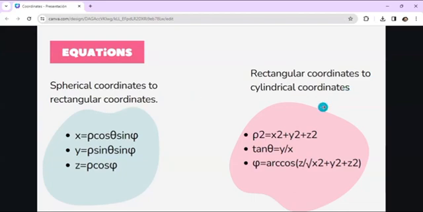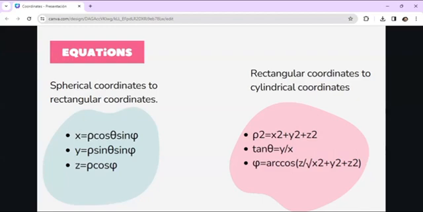And the second set of equations is to convert rectangular coordinates to spherical coordinates. We have rho squared is equal to x squared plus y squared plus z squared. The next is tangent of theta is equal to y divided by x.